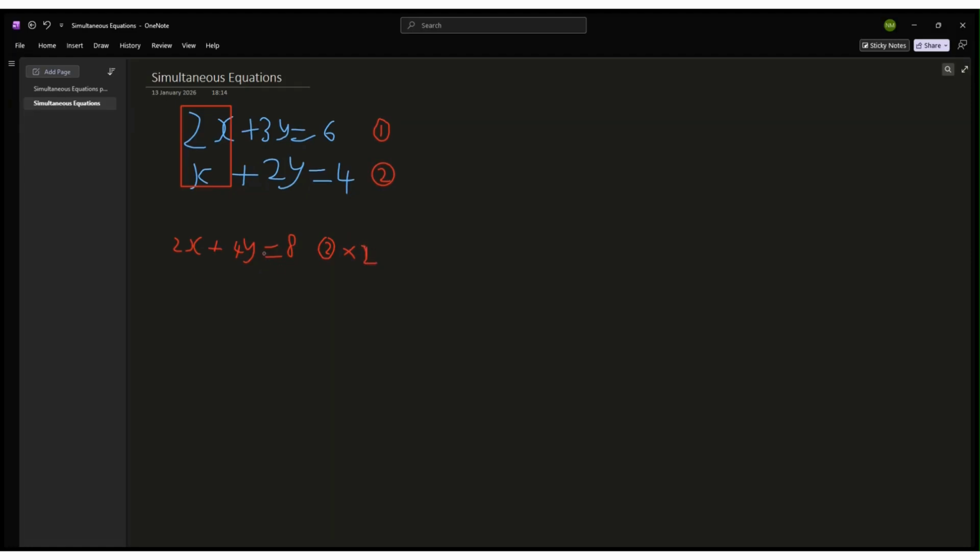So now we're going to have this equation with equation 1, and we're going to put them together. So we've got 2x plus 3y equals 6, and we have the new equation at the top.